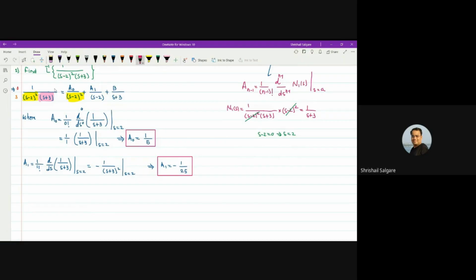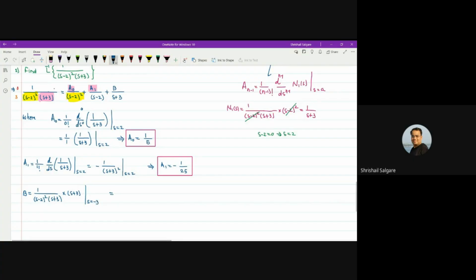Now we have calculated the constants a naught, a1. The remaining is b. Now b you have to calculate in the regular way only. b is given by 1 upon s minus 2 bracket square into s plus 3 multiplied by s plus 3, and value of this function at s is equal to, can anyone help me to write? Minus 3. Yes, very good. s equal to minus 3.